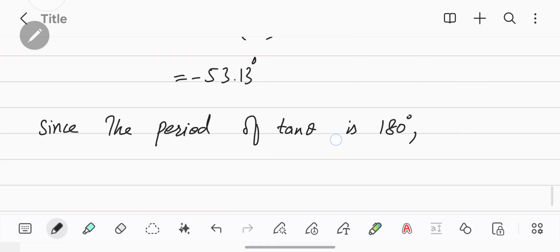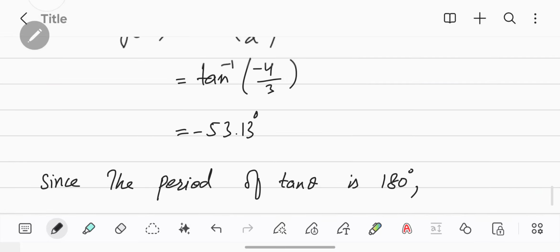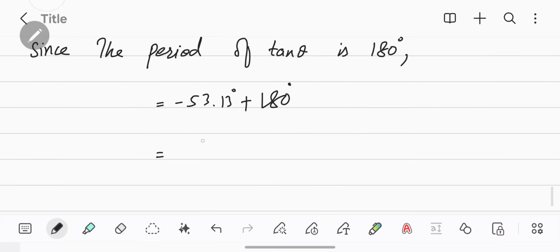For example, if I add 180 degrees to this angle, my argument will be negative 53.13 degrees plus 180 degrees. If I solve it, I will have 126.869 degrees.